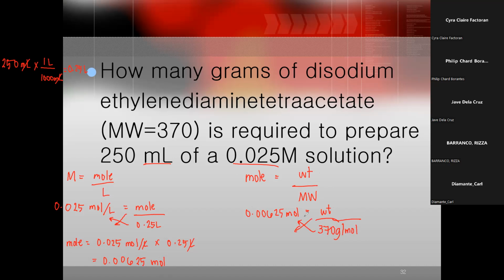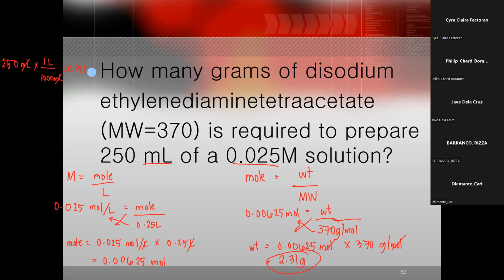Just like with the previous one, cross multiply. Move the weight down: 0.00625 mole times 370 grams per mole. Cancel this, what remains is grams. So 0.00625 times 370. The correct answer is 2.31 grams.